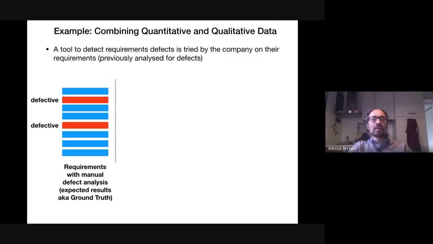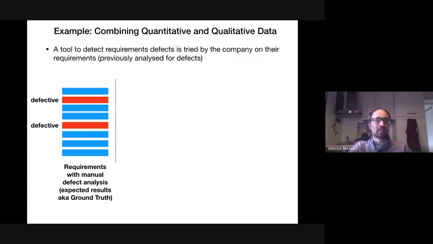So the example is concerned with a tool to detect requirements defects that is tried out by a company on their own requirements. So this company has a set of requirements that have been previously analyzed for defects. So you know the requirements that are defective and those that are not defective, like in the picture that you see here on the left.